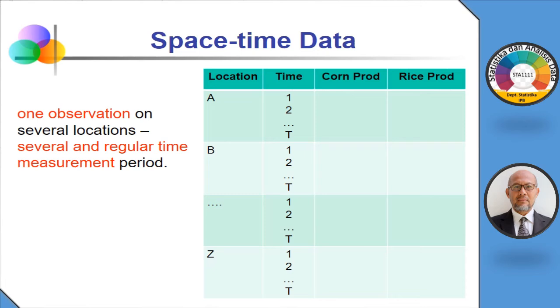For example, in location A, district A, in year 2020, you have data on corn production and rice production, and in 2021, you have other data, corn production, rice production, and then you also have the data in districts B, C, and so on. If your data is like this, you call it space-time data. Okay.